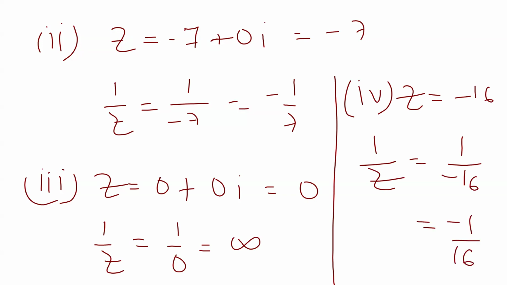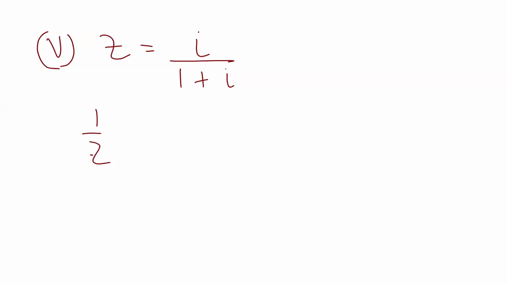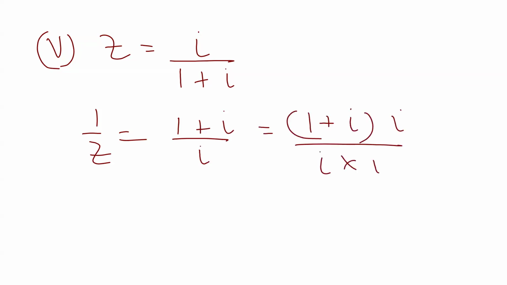Fine. Fifth one, z is equal to i upon (1 plus i). 1 upon z, the reciprocal of the above term, is (1 plus i) upon i. There is a single i in the denominator. So multiply and divide with i. This is going to give you (i plus i square) upon i square. i square being minus 1, we'll just put minus 1. So (i minus 1) upon minus 1.